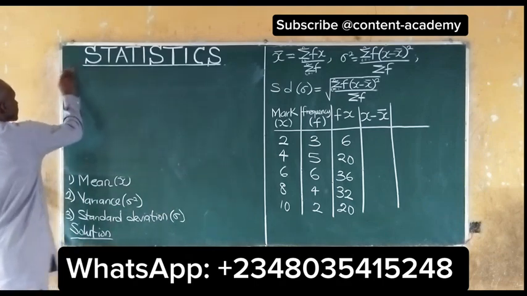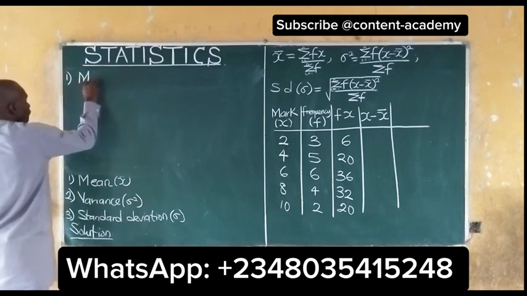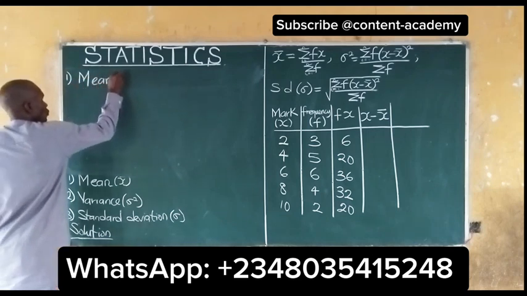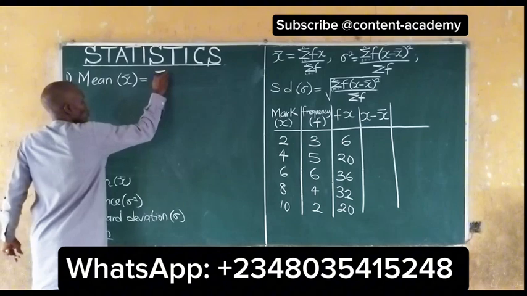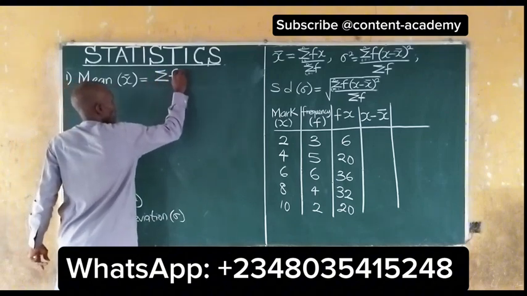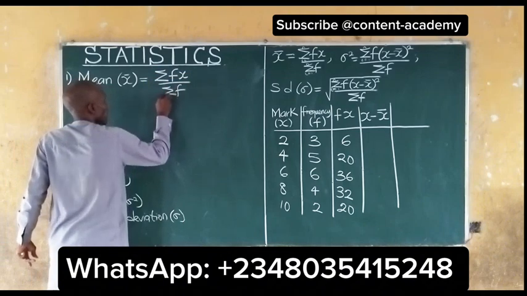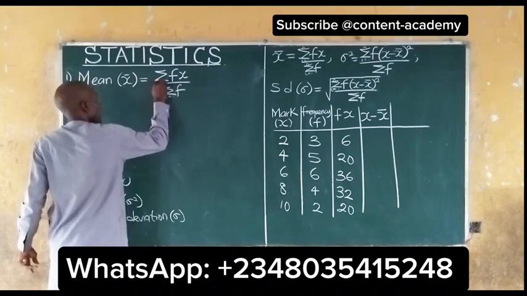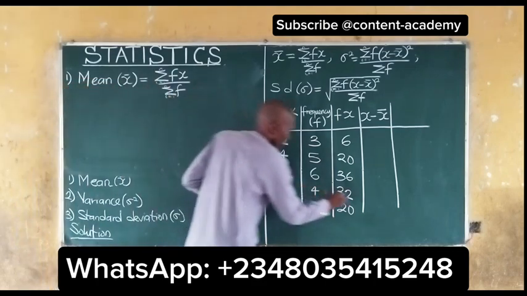So our mean, which is denoted as x bar, is equal to the summation of f of x over the summation of f, as i runs from 1 to n. Now, what do we have as our f of x?